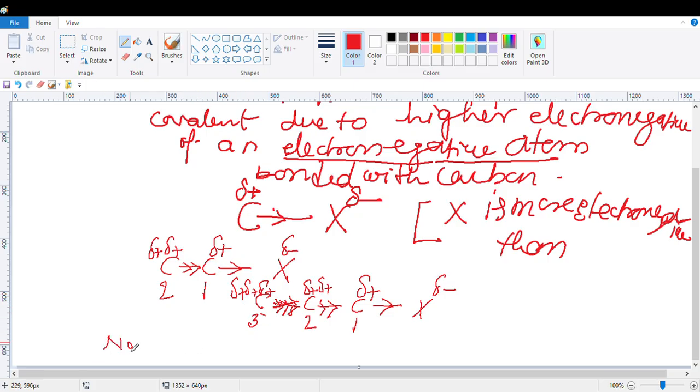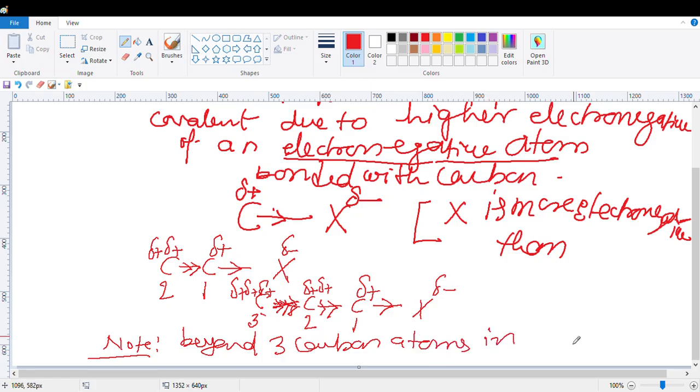And a very important note to remember that beyond three carbon atoms in a chain, this effect becomes 0.